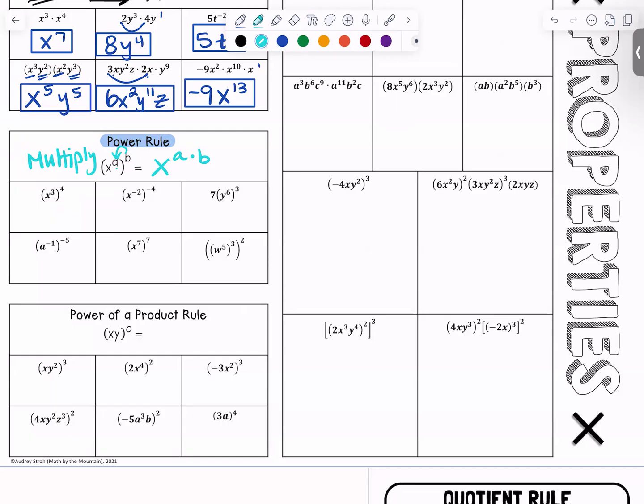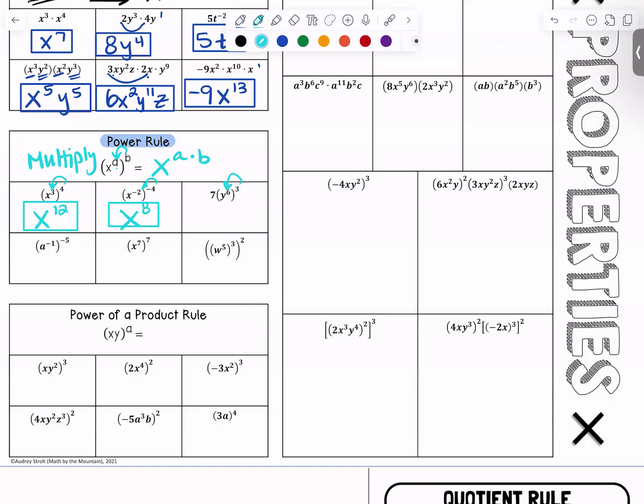So this one would be 3 times 4. So x to the 12th, not 7. It's not adding. You're multiplying 3 times 4. Negative 2 times 4, both negative, negative times a negative is a positive 8. On the next one, it only goes to inside the parentheses.